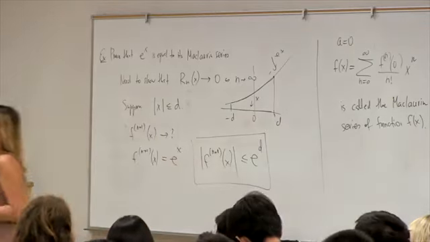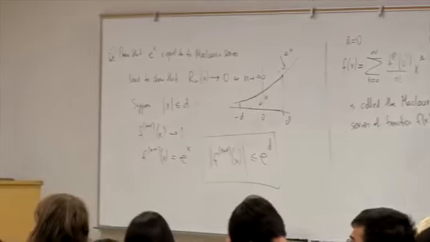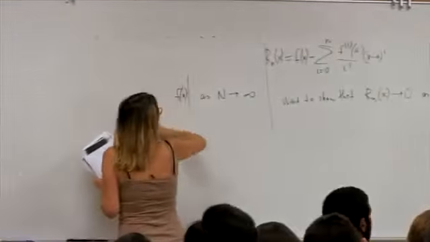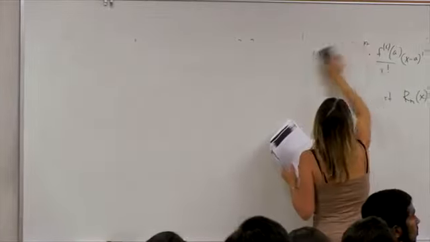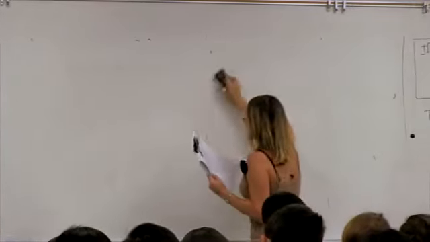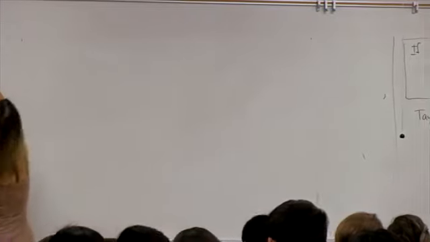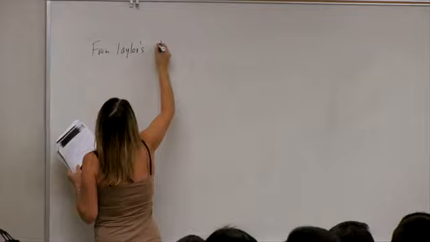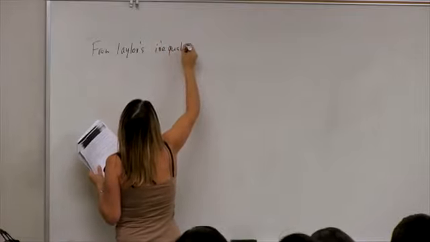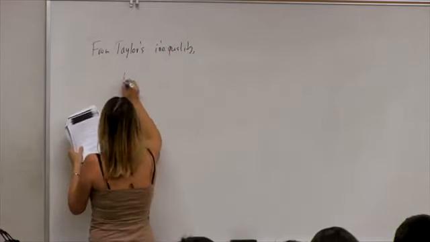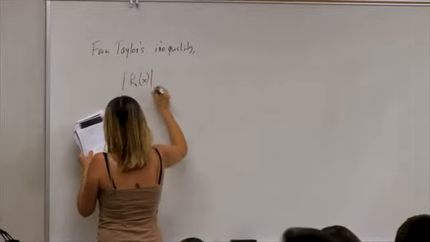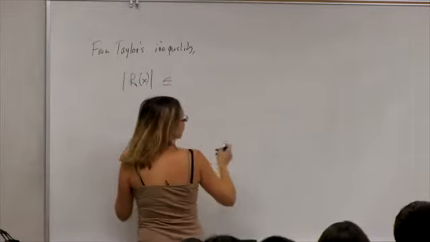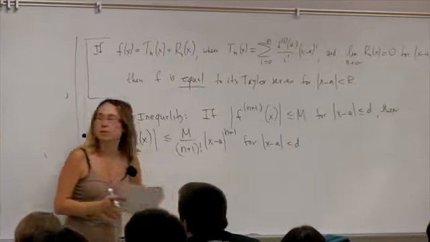And now we go to this theorem, Taylor's inequality. From Taylor's inequality, we know that the remainder on D is less than or equal to M, the bound for the derivative, divided by (n plus 1) factorial, times |x|^(n+1).